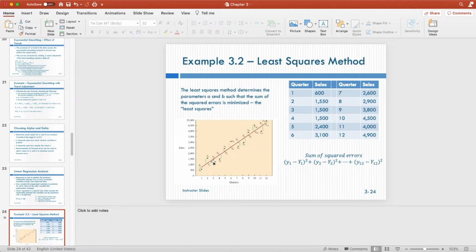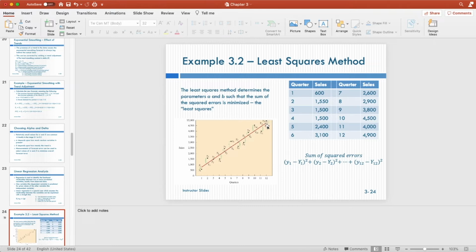Since not all of these dots are exactly on this straight line, but all around it, it means the straight line captures most of the information from these dots, but doesn't fully capture it, because if it did, every dot would be on the line.